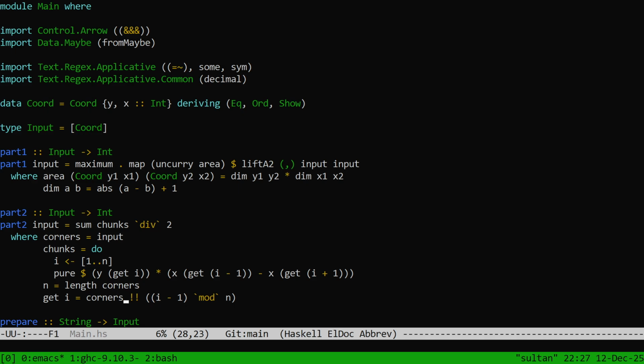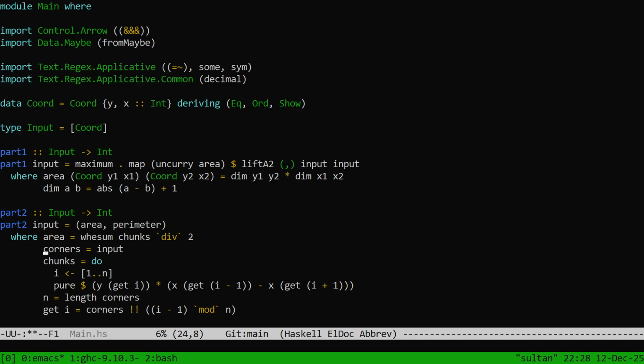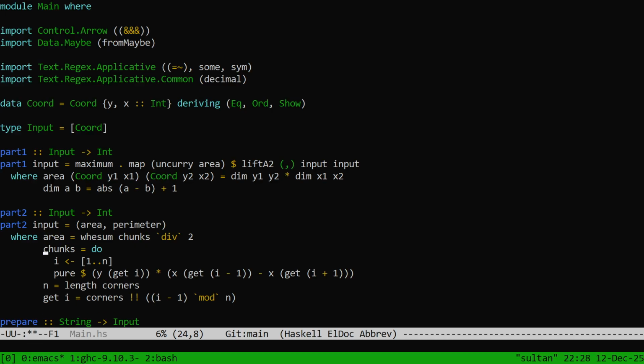Let's check real quick. Why do I have corners equals input? I don't know. It's a mystery.